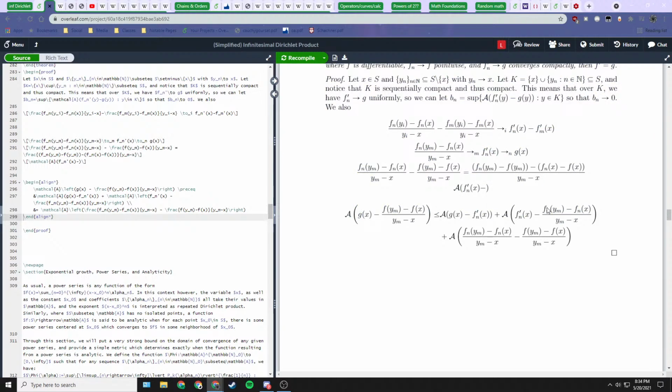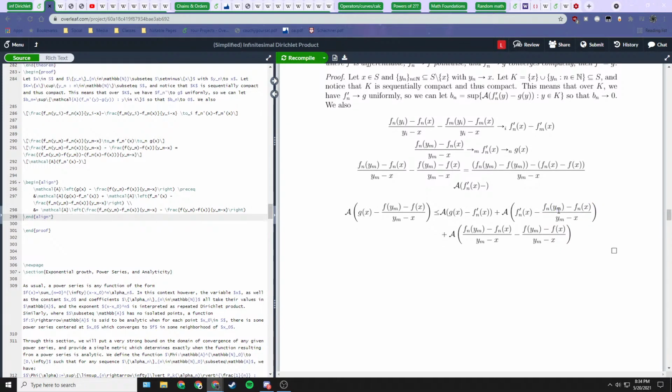It'll just limit to f prime minus its own fraction, and we know that expression limits to 0 with m. So all we have to do is pick n sufficiently large also that this expression is rather close to what its difference quotient should actually be.